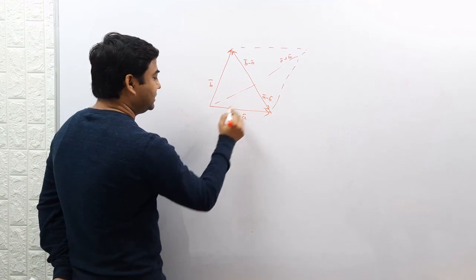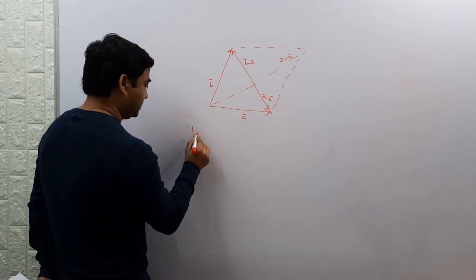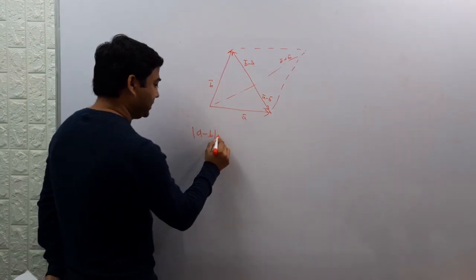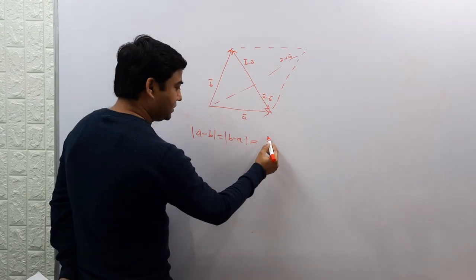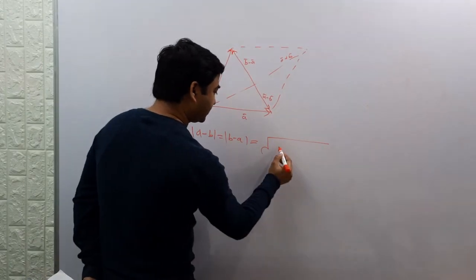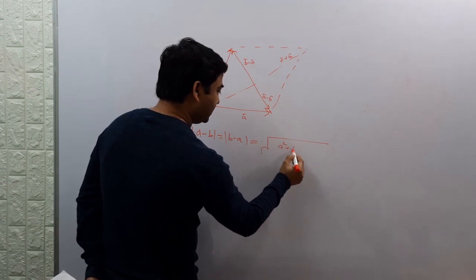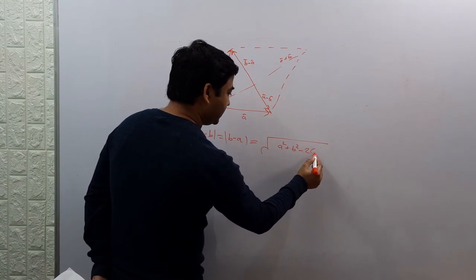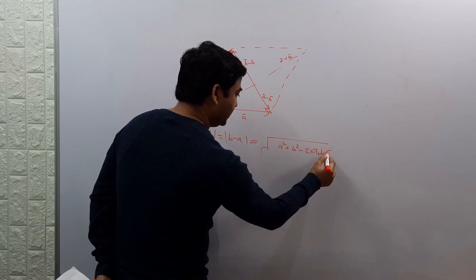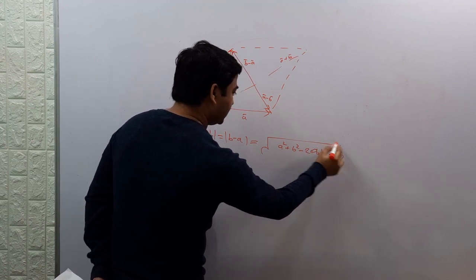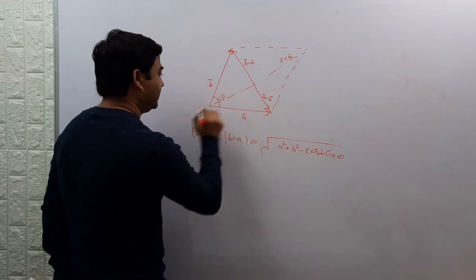The magnitude of this vector a minus b, which is equal to b minus a, is under root a square plus b square minus 2ab cos theta. This is the angle theta.